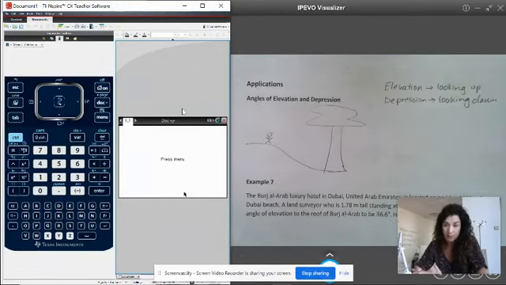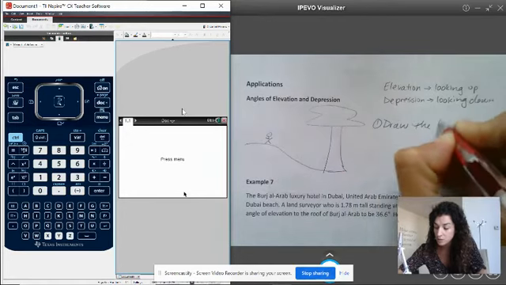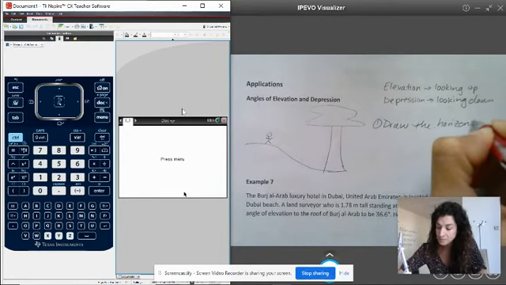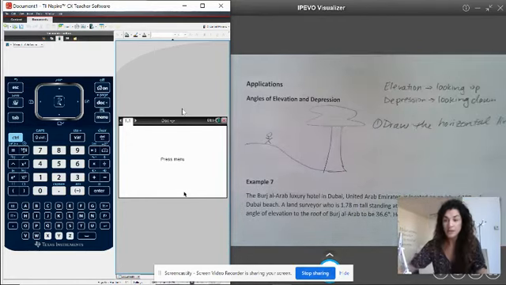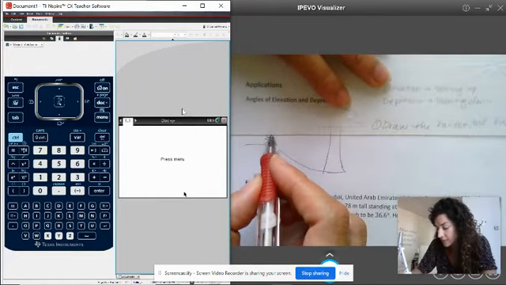So you're given a problem and you're told you have an angle of elevation or an angle of depression. The first thing you need to do, always, is draw the horizontal line. There is a horizontal line that needs to be drawn from the person's eyes.